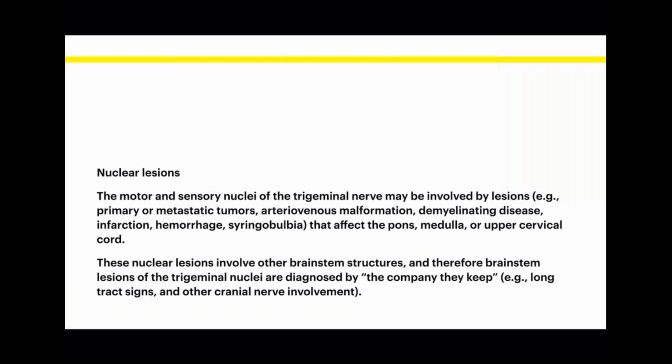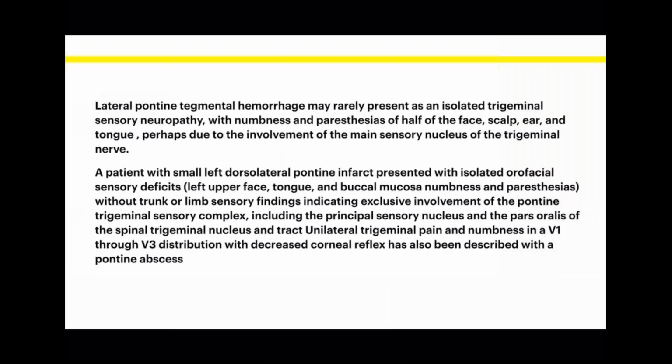There are a few things, very rare, which can affect only the nucleus. There is a known entity, the lateral pontine tegmental hemorrhage. It can present rarely as an isolated trigeminal sensory neuropathy, which is only numbness and paresthesia of half of the face, because it's affecting the main sensory nucleus of the trigeminal nerve.